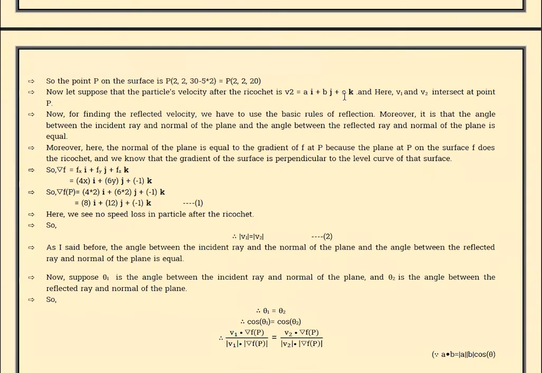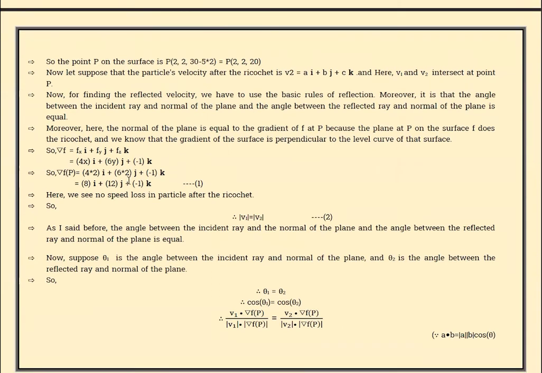So theta 1 equals theta 2. Moreover, the normal of the plane is equal to the gradient of f at P, because we know that the gradient of a surface is perpendicular to the level curve of that surface. So the gradient is given as follows, and at point P, the value of the gradient is 8i plus 12j minus k.